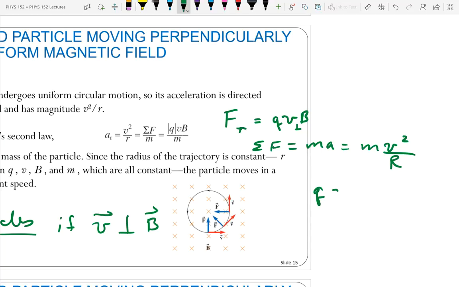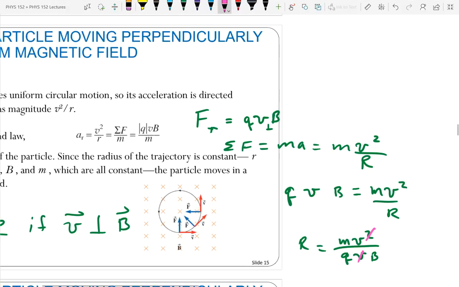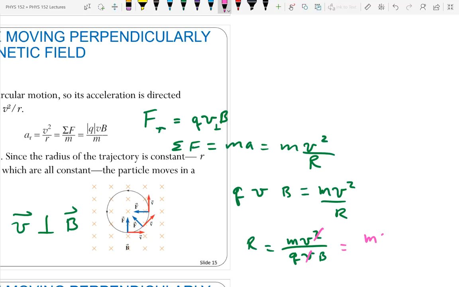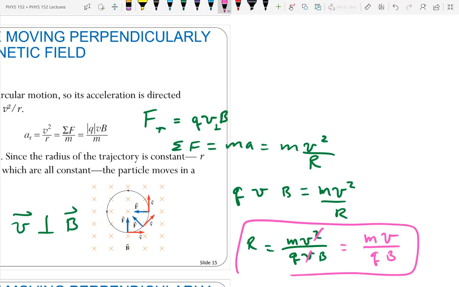So QVB, I'm going to drop the perpendicular sign, is equal to M V squared over R. Well, let's solve that for the radius. And we see we'll have one velocity cancel, and the radius is mass times velocity over Q times B. So it's going to do circles with a very simple to calculate radius.